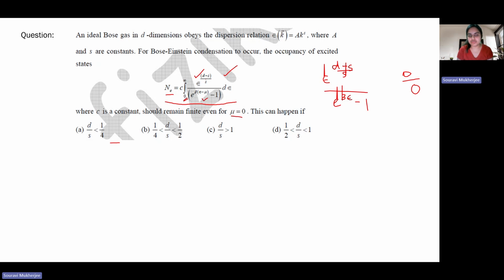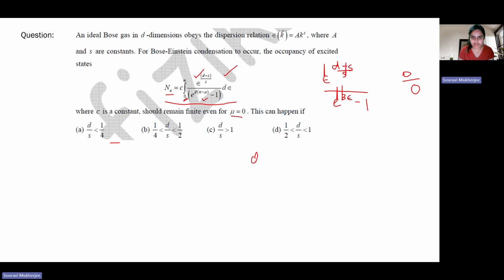Each time you do a derivative, because you have a power in the exponent, you get a factor of (d minus s) by s, so what you get as a coefficient at the front would be like (d minus s) by s factorial, right? Now, for that quantity to be defined, what does that mean?